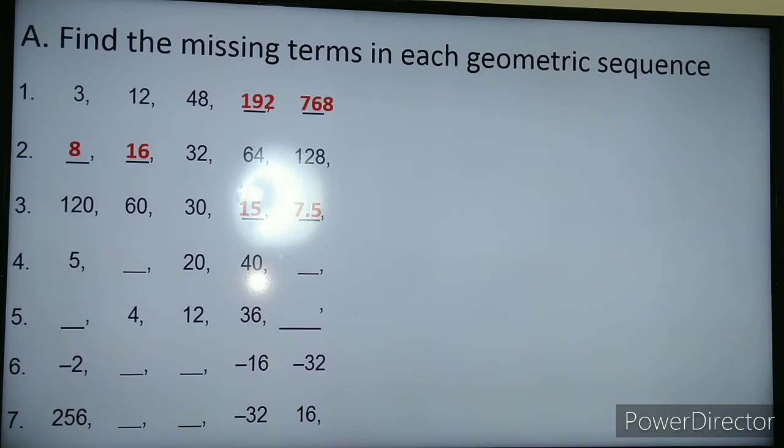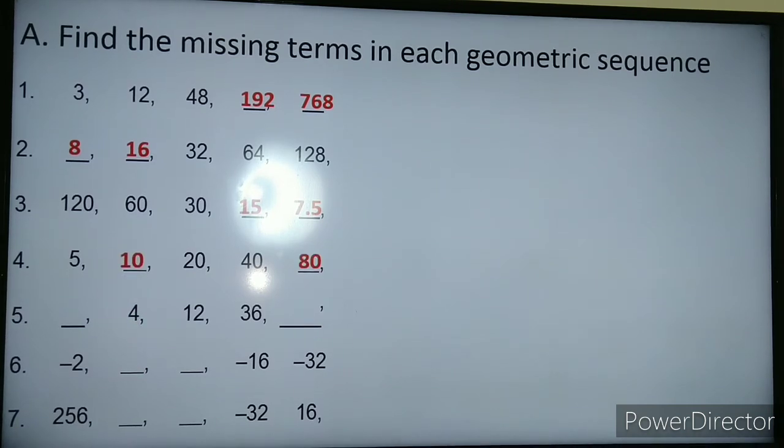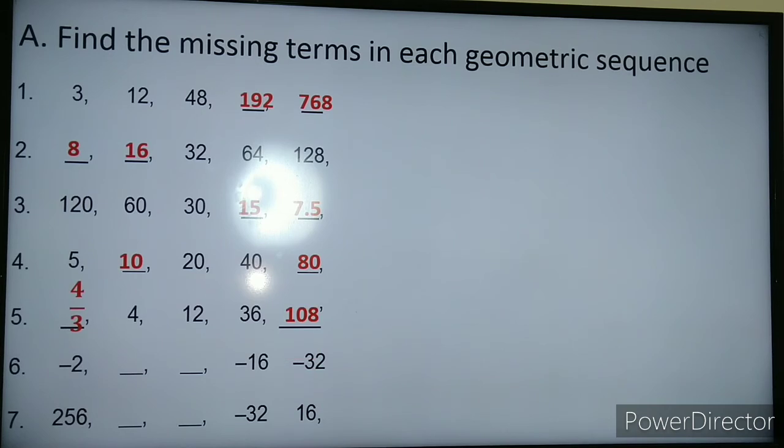Number 4. The missing term is the second term. We have 10 and 80. Common ratio is 2. Correct. Number 5. First term is 4/3. That is the first answer. Then the last term is 108. Common ratio is 3.